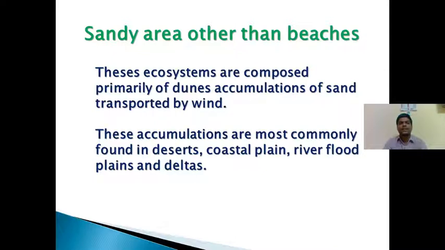The third one is sandy area other than beaches. These ecosystems are composed primarily of dunes, accumulations of sand transported by wind. These accumulations are most commonly found in deserts, coastal plains, river flood plains and deltas.